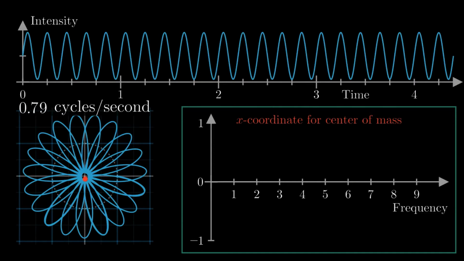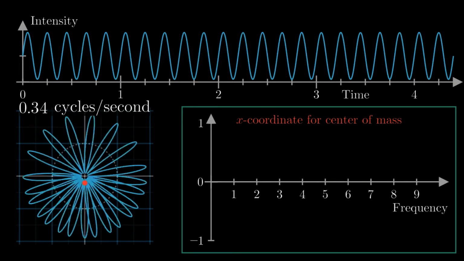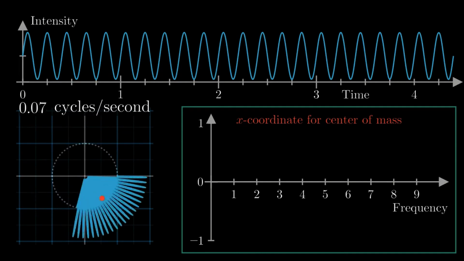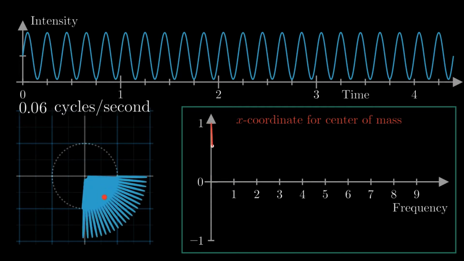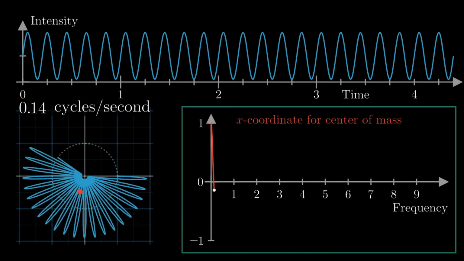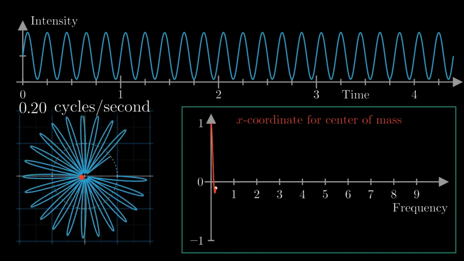The frequency on the x-axis now corresponds to the frequency we use to wrap the graph around the circle. We start with 0 cycles per second and slowly increase the frequency up to 9 cycles per second. Not a lot is happening here.